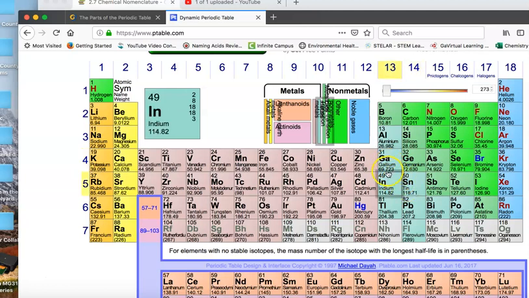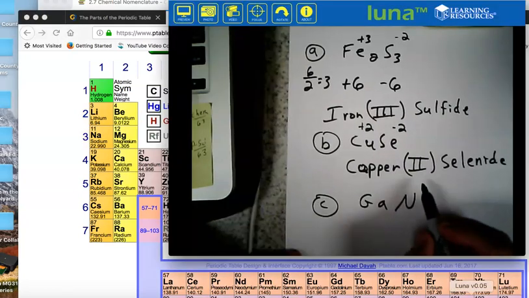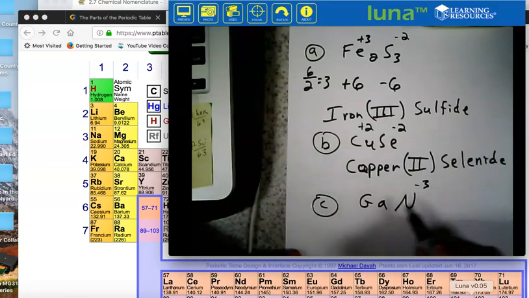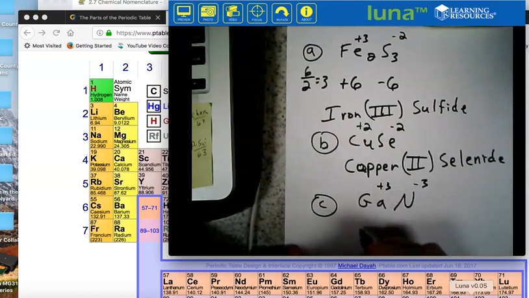Tin is too, and some of these other ones, lead and thallium. So we have to figure out the charge on gallium by knowing the charge of the nonmetal. In this case, we're talking about nitrogen, so its charge would be -3. If we have a -3 charge for nitrogen, gallium must be +3. So its name is going to be gallium.